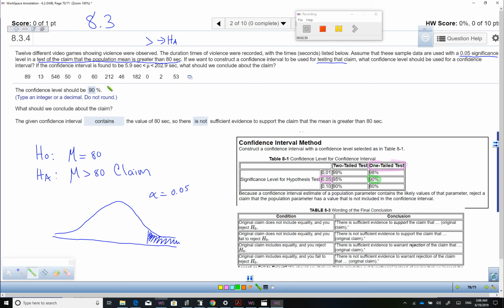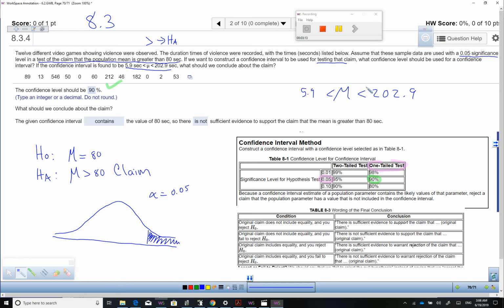The next part, it says what should we conclude about the claim. Once they find the confidence interval containing this lower limit, which is 5.9 and 202.9, we have to decide if we reject or fail to reject. And it's pretty simple.